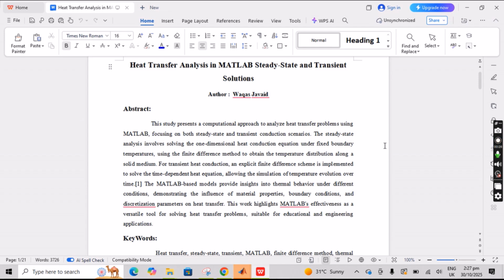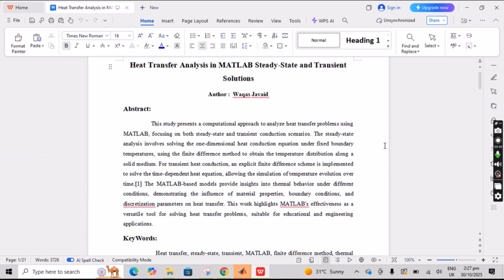The steady state analysis involves solving one-dimensional, two-dimensional, transient heat conduction, and an explicit finite difference scheme implemented in this article.